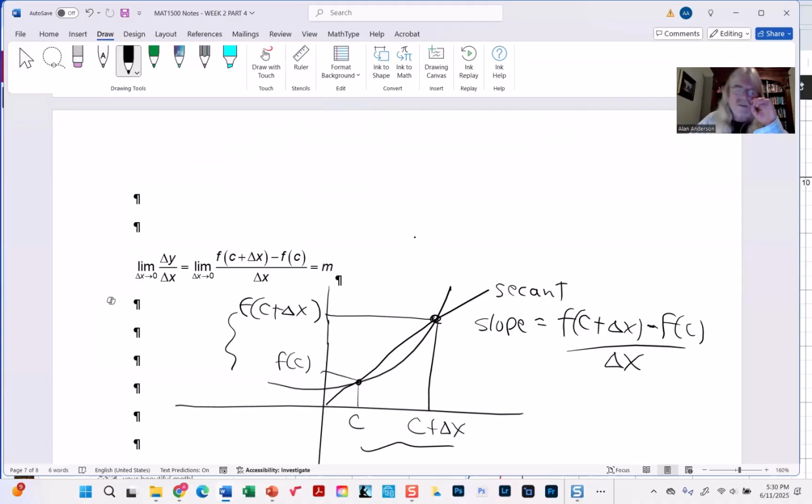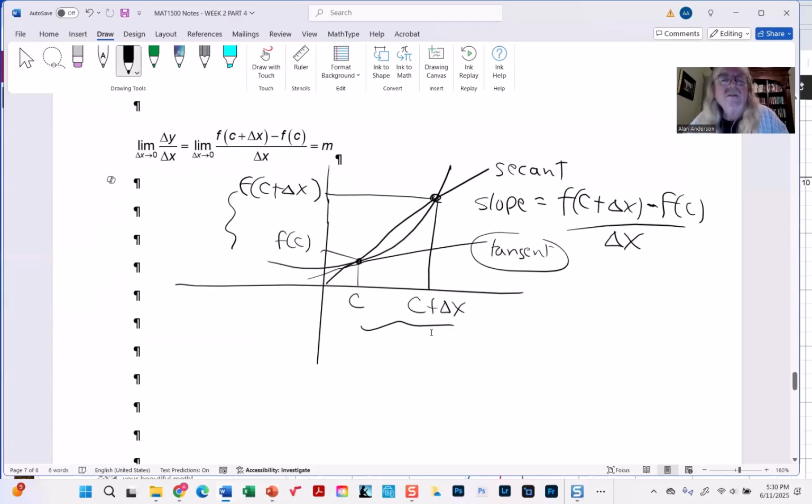So what they're going to tell us is that as we keep shrinking the delta x, we're going to eventually end up with the slope of the tangent line that just touches this curve at point c. And this is what we're interested in. So we're going to take the limit.